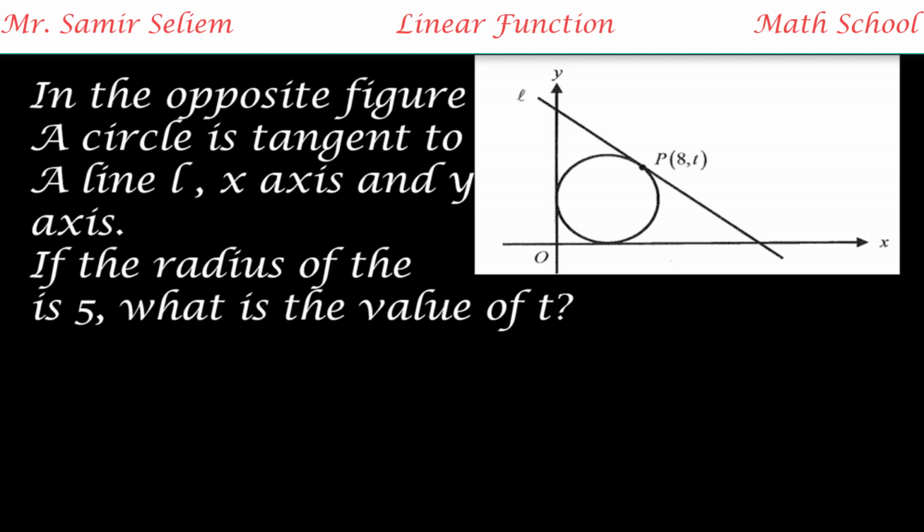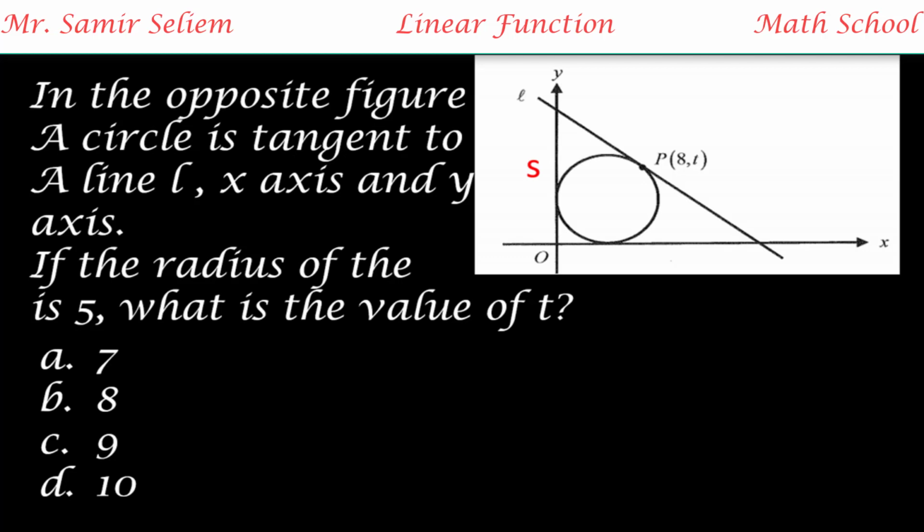He said if the radius of the circle is 5, so r is 5, what is the value of t? We have here a point t, which is the y coordinate of the point B. B is 8 comma t. So how can we find the value of t? The options are 7, 8, 9, 10.